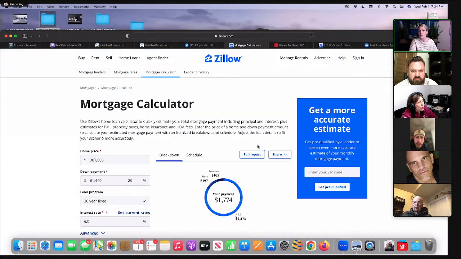Okay, mortgage calculator. So if you're at 1774, instead of subtracting 10%, you're actually adding 10% to that number, correct? Is everybody following me? So you're adding $177.